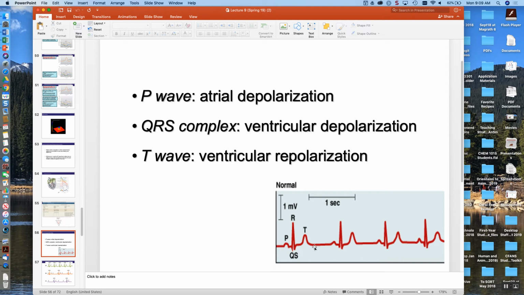What do you think happened to atrial repolarization? When you think about the time course, what could have masked it?